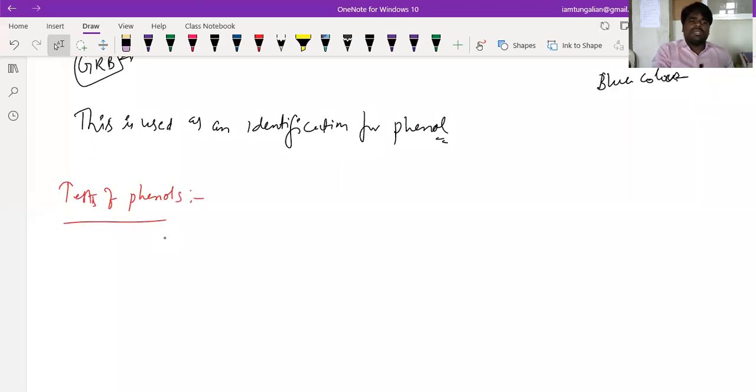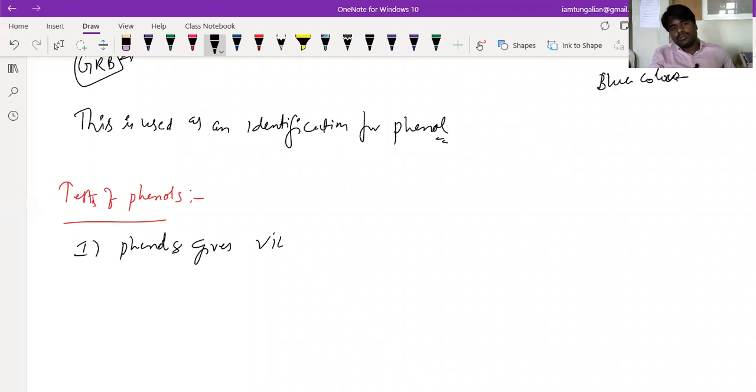So the first test: phenols give violet coloration with neutral ferric chloride, beta. This is a common identification test.